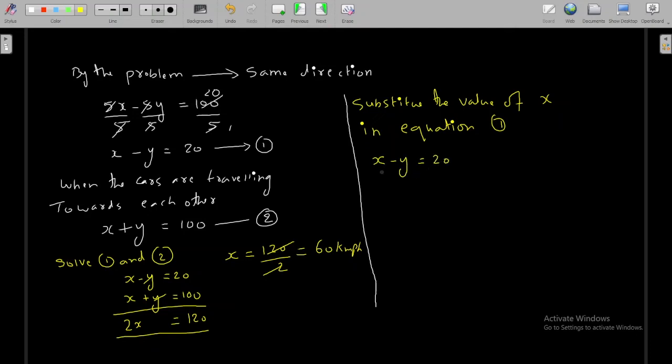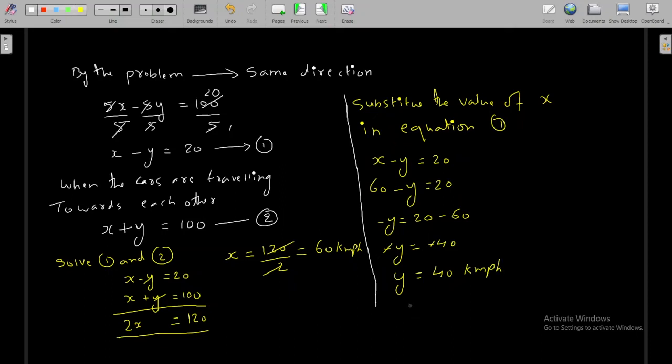So our x is 60, minus y is equal to 20. So similarly, minus y is equal to 20 minus 60, which is nothing but minus y is equal to minus 40. Minus minus get cancelled. So I will get y is equal to 40 kilometer per hour.